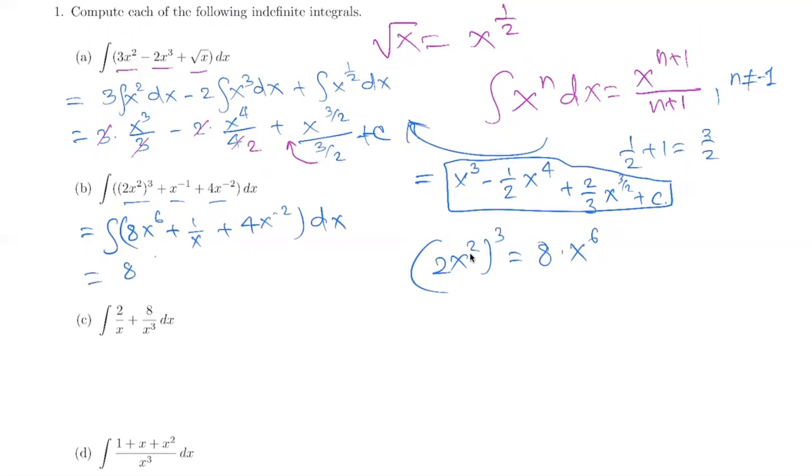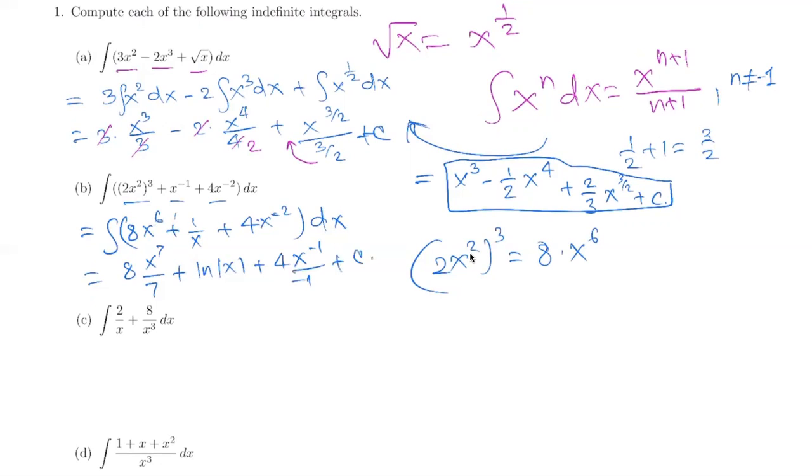So 8 x to the 6 plus 1, 7 over 7. Antiderivative of 1 over x is natural log of absolute x, plus 4 times x raised to -2 plus 1, that's -1. So you have to be careful. This -2 plus 1, -1, divided by -1. That's it, plus c.